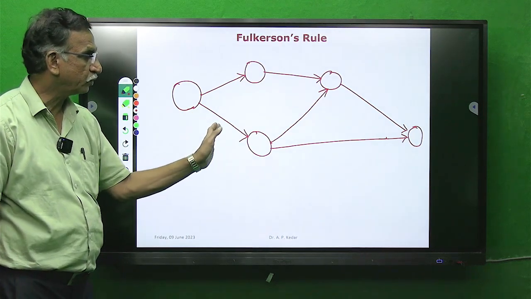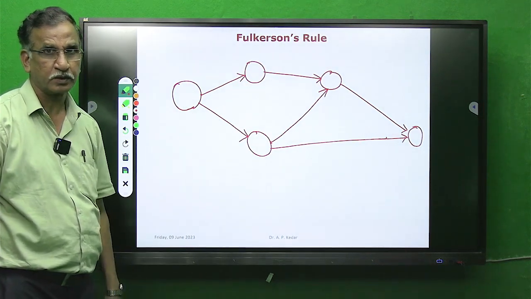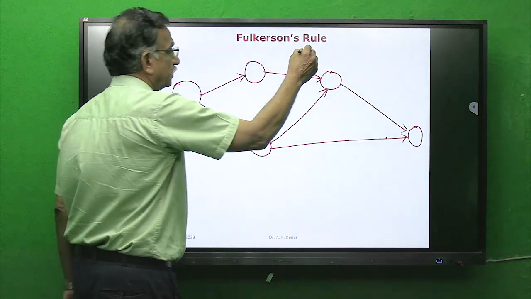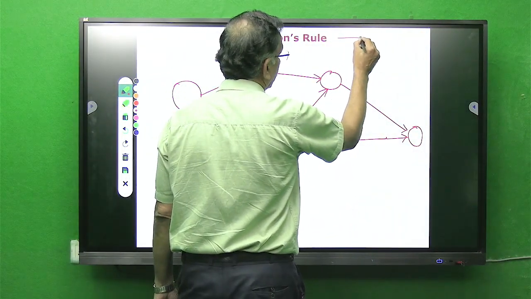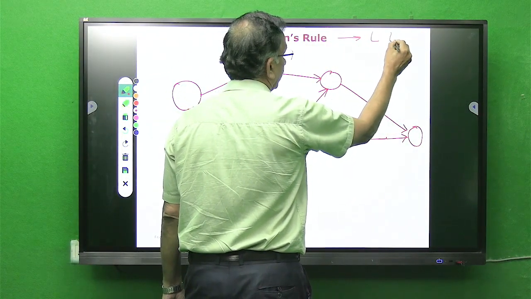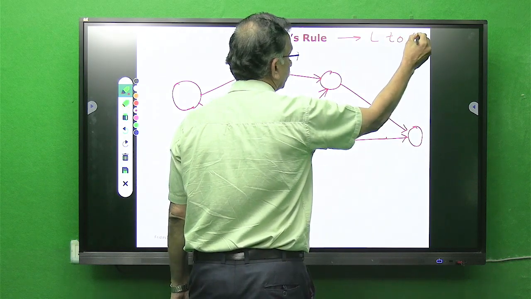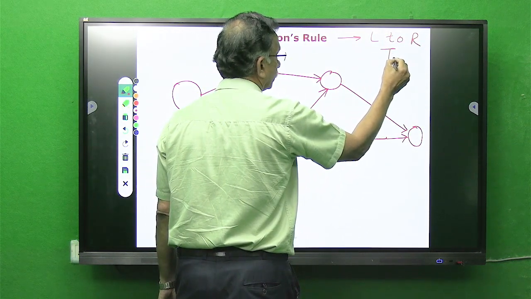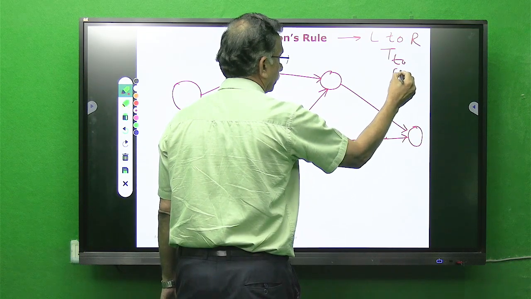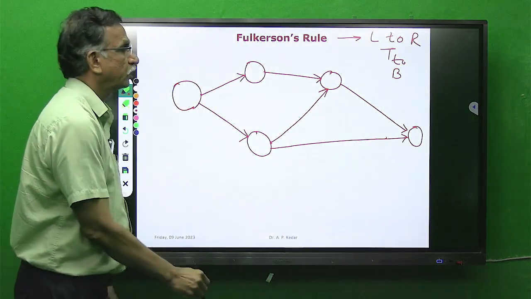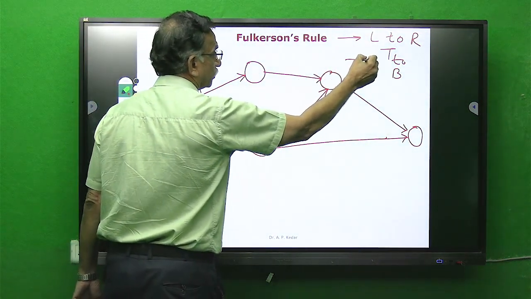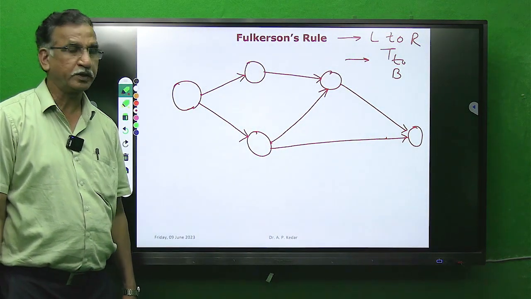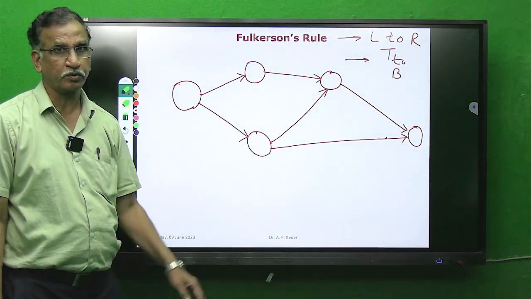Now I want to number these events. So I will tell you a simple logic. The rule says start from left to right. This is one key you have to keep in mind, and the other is top to bottom. Keep these two keys in your mind: left to right, top to bottom.